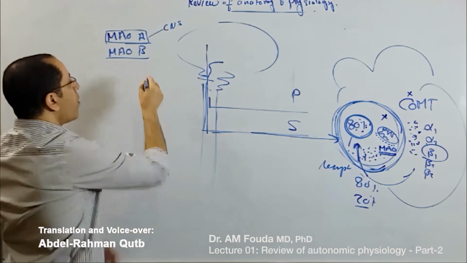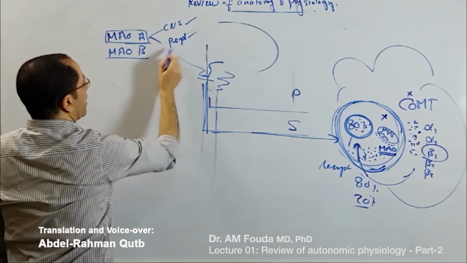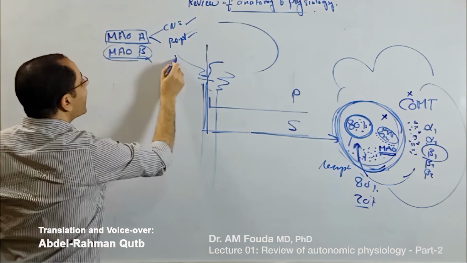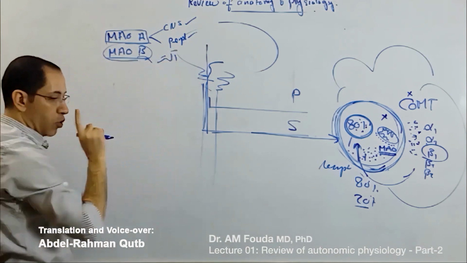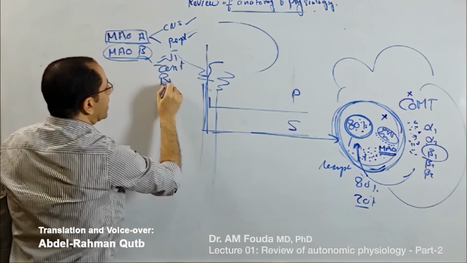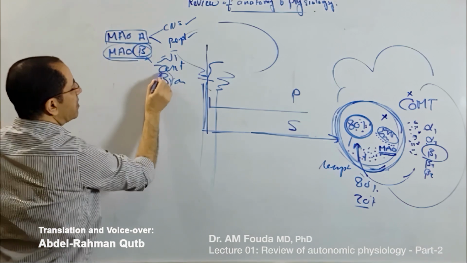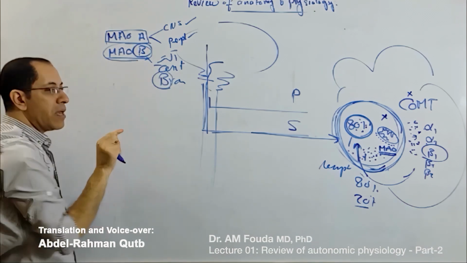It is also present in the peripheral nervous system. However, MAO-B is mostly, not only but mostly, present in the brain. So remember, B is for brain, not in peripheral tissue.